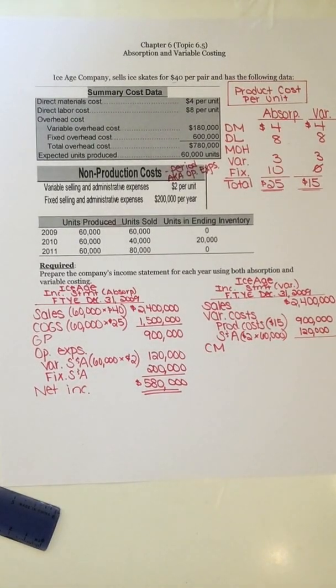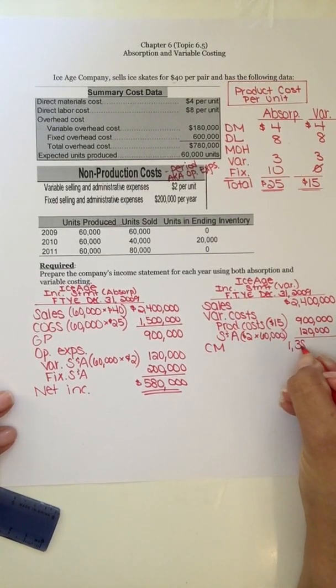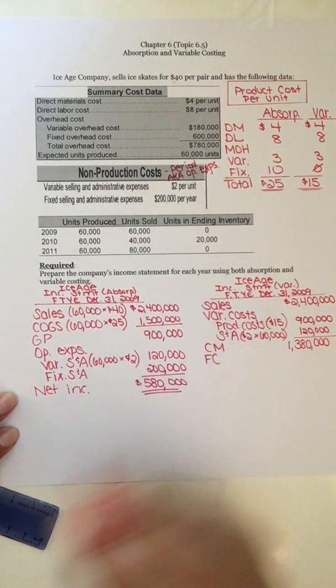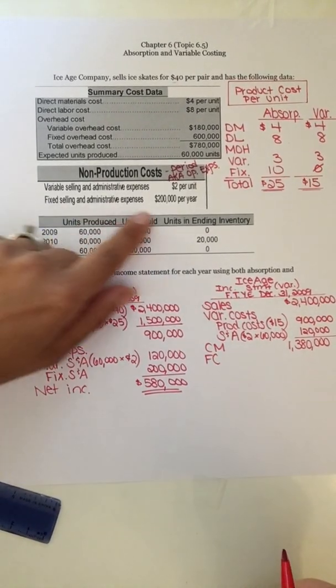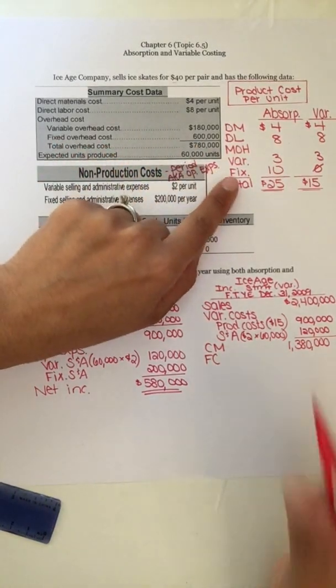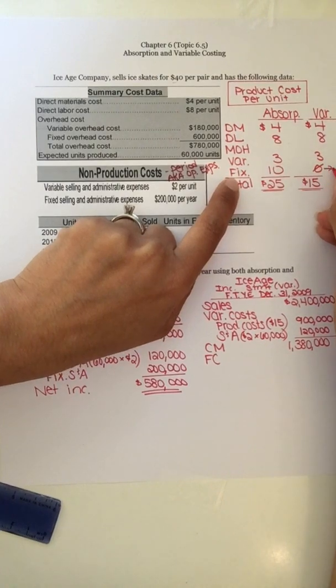You're going to get a contribution margin of $1,380,000. Now, fixed costs. Again, you're going to have two types: fixed selling and admin, and fixed overhead. Because remember, under the variable method, the fixed overhead is not a product cost. It's considered a period cost.